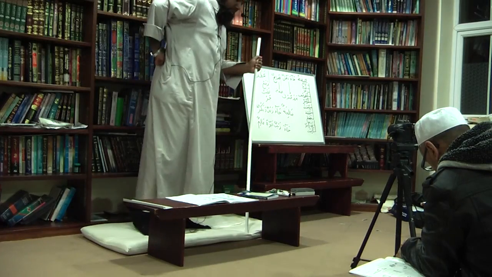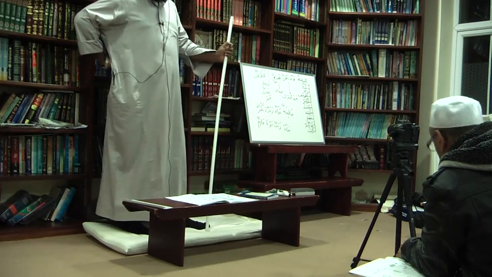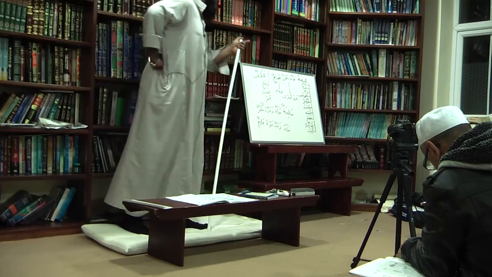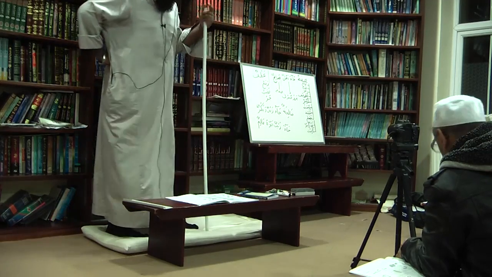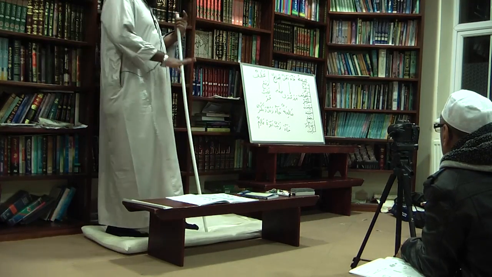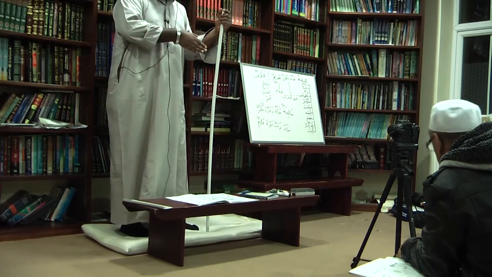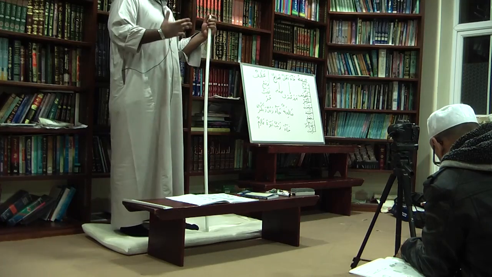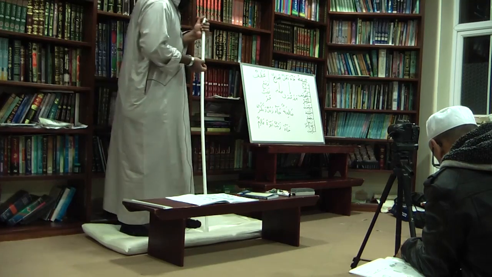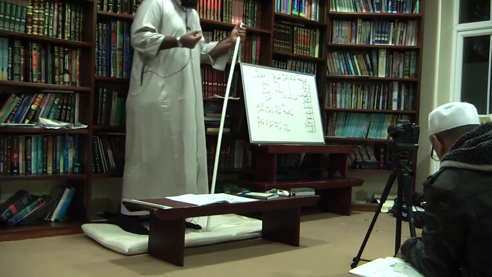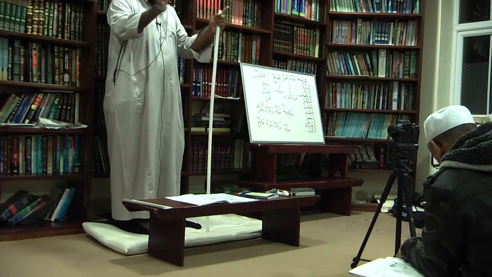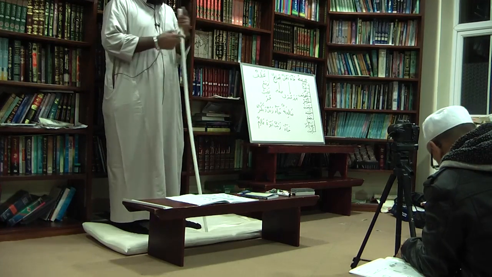Okay, so as I was saying, we were talking about adjectives, sifat, and what sifat means here, generally the describing noun. I explained before that sometimes the work of a sifat can be done by a sentence, but we won't go into that now.